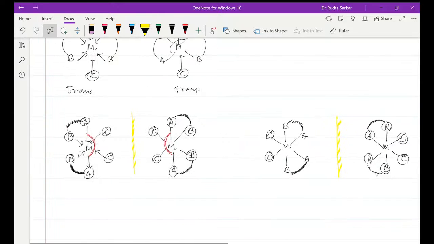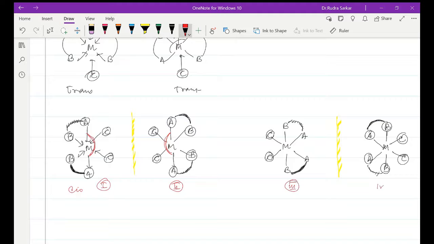So now this is cis, this is cis, okay, and 1 and over here 2 are basically enantiomers to each other.